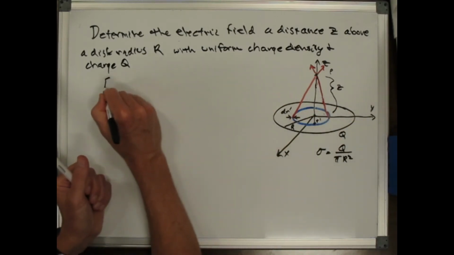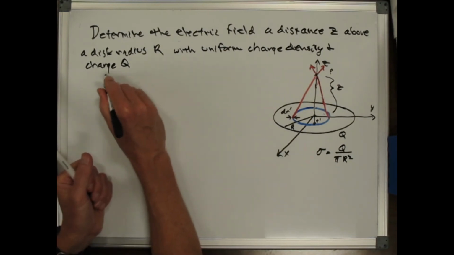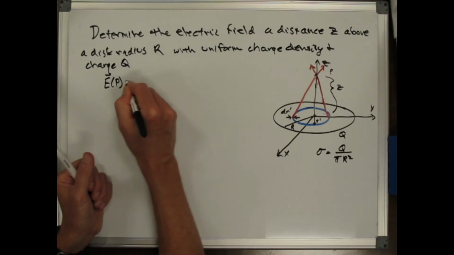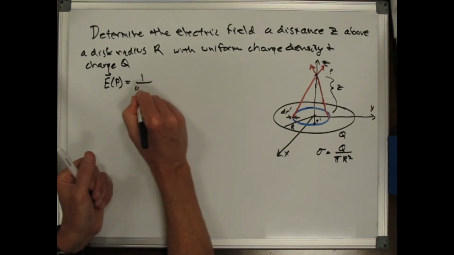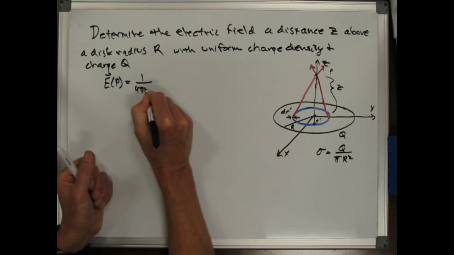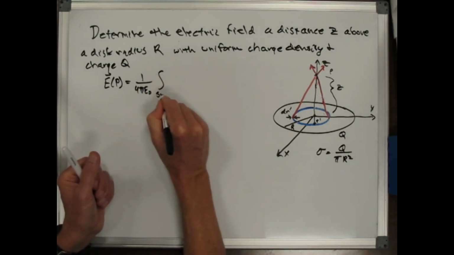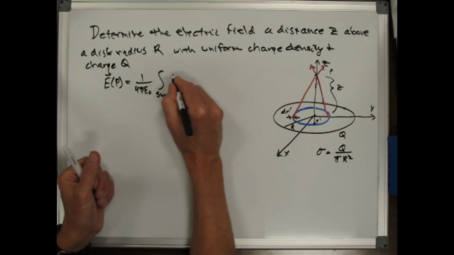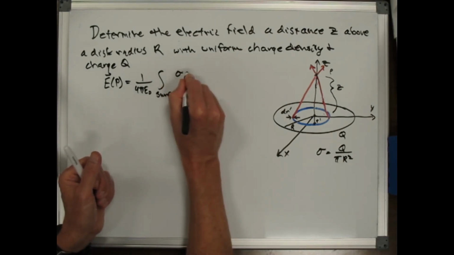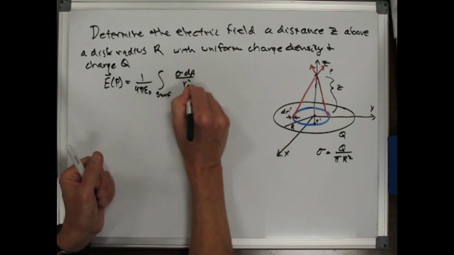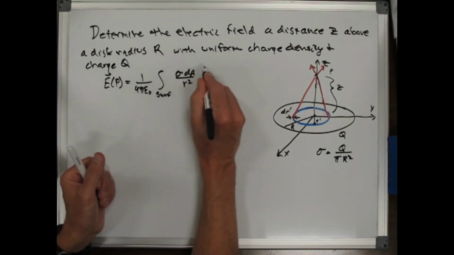So the expression for the electric field due to a surface at some point P, which we already talked about, is k, or 1 over 4 pi epsilon naught, take your pick, times the integral over the surface of the charge sigma dA over r squared times r hat, right?